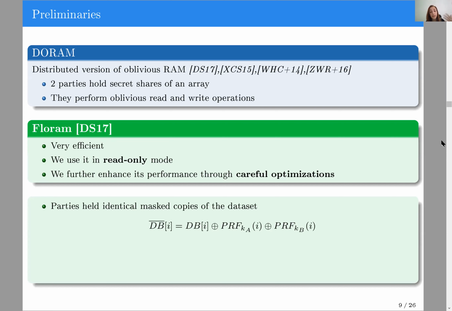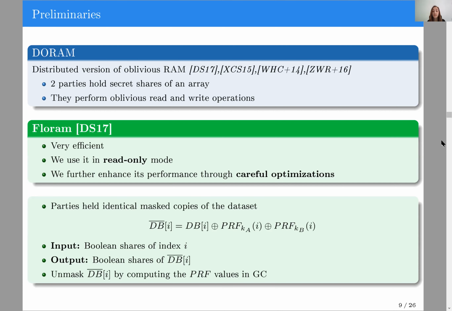So the read mode is going to get in input a Boolean share of the index of the particular place in the dataset that we are looking for, and it's going to give us in output a Boolean share of the database entry in the place i, which is masked. And at the end, we will need to unmask this database entry, and we're going to do it by computing the PRF to unmask the entry by using GC.